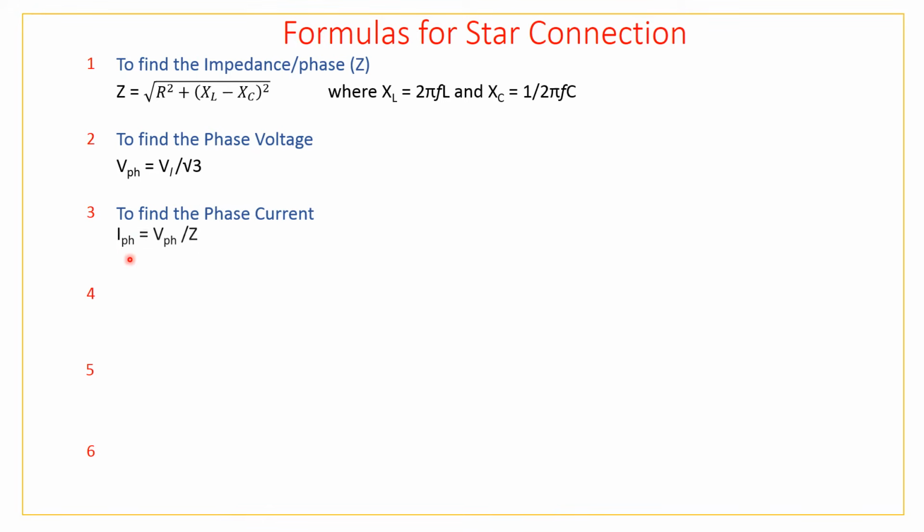So now I phase is equal to V phase by Z. So you will be getting V phase, you will be having Z. So directly you will get I phase is equal to V phase by Z. The next one is to find the line current. Once you get the phase current, you should find the line current. Therefore, whatever I phase value you get, you will directly substitute it as IL. So IL is equal to I phase.